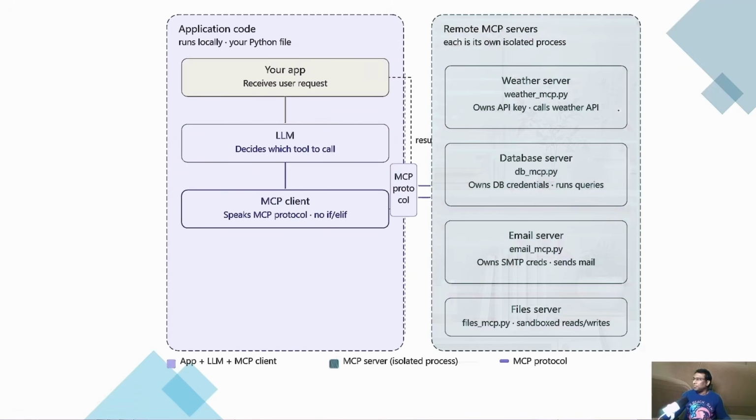Here, these are the remote servers: one is the weather server, another the database server, email server, file server. And secrets are also defined in their own server. Now, coming to our application code, it contains the LLM logic and MCP client code logic. With this, our application communicates with the MCP server using the MCP protocol.